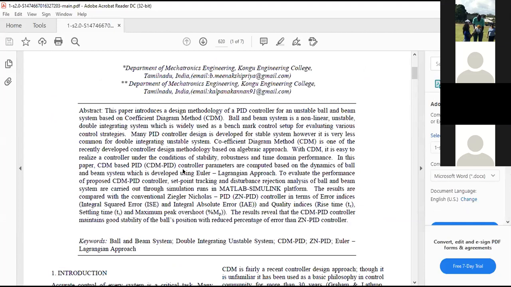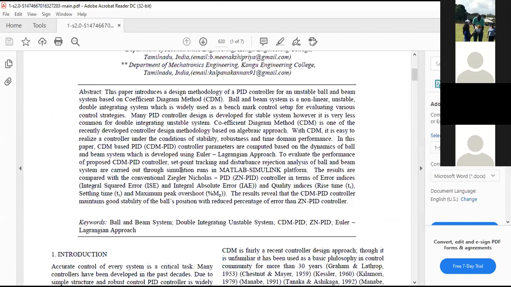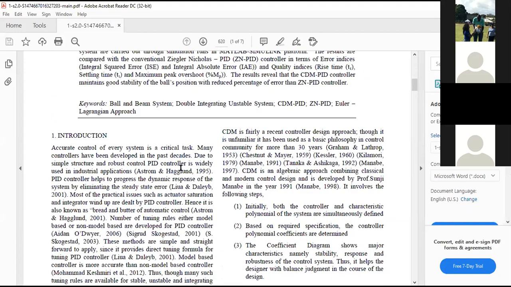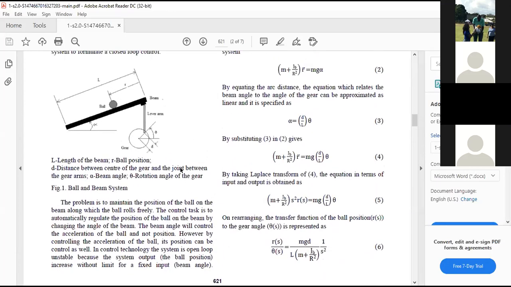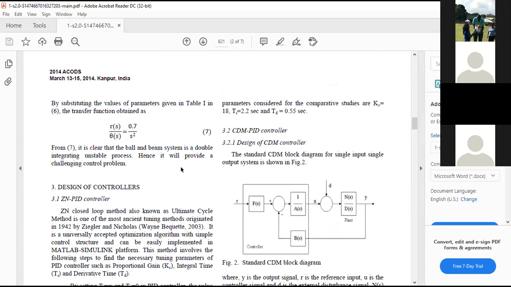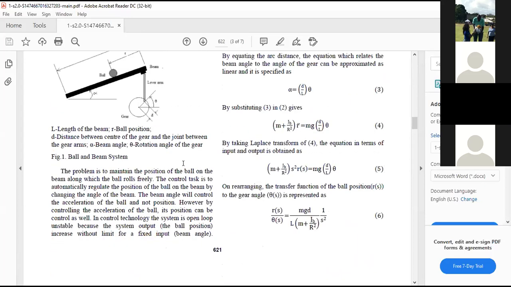So for your project, we are going to use this paper.